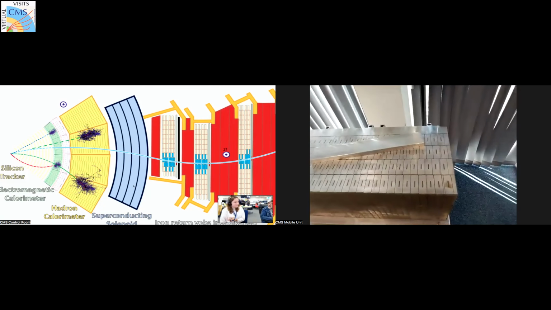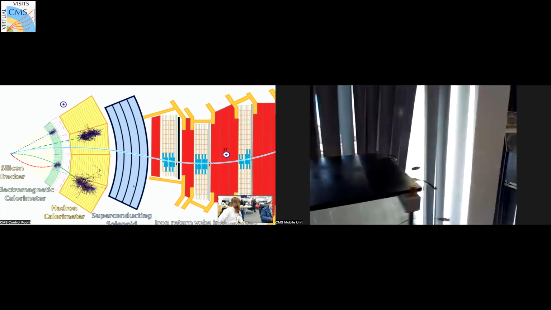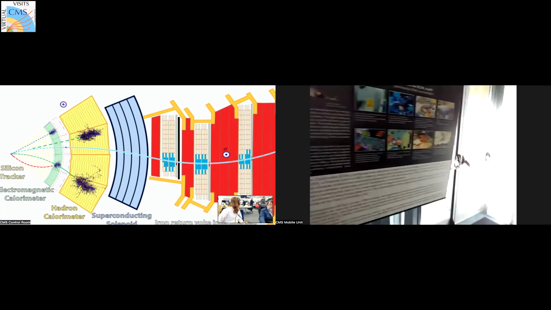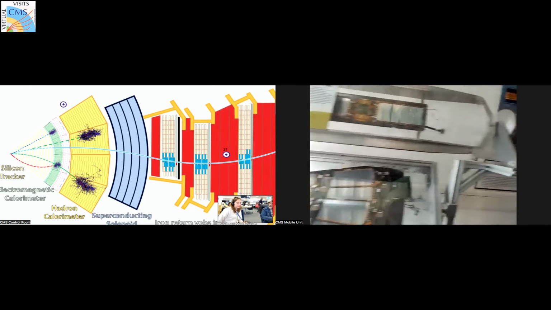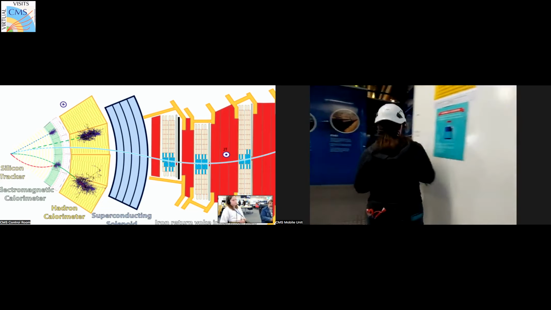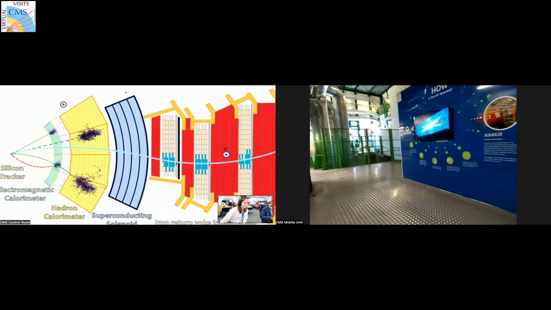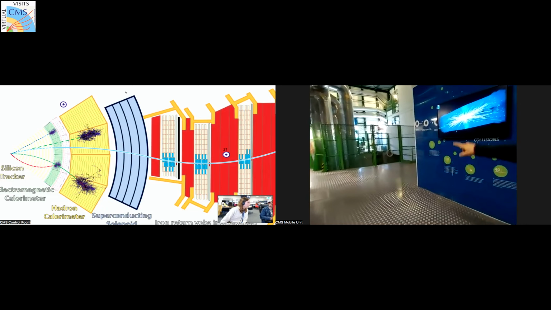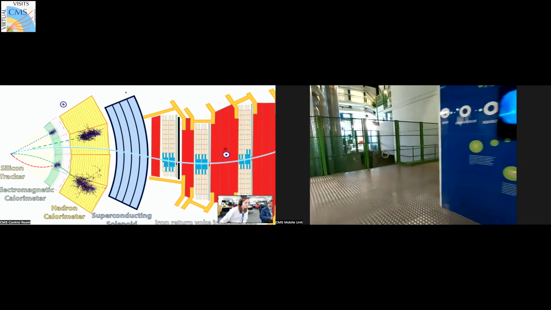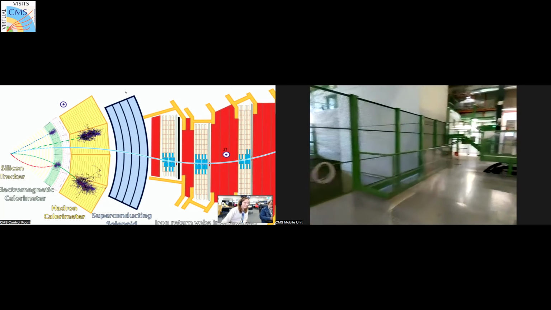So this is a superconductive material. In order to bend the charged particle path, to measure momentum, obviously we need a magnetic field. What we produce inside the magnet volume is extremely strong, 3.8 Tesla, something like 100,000 times more than that of the Earth's magnetic field.